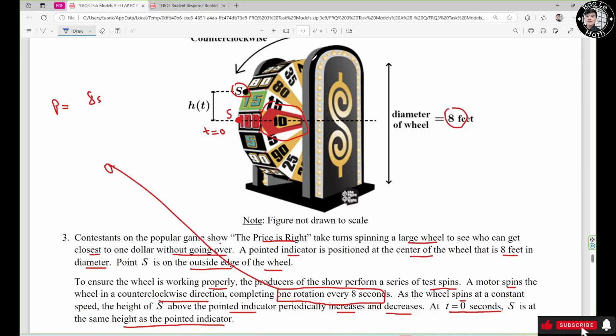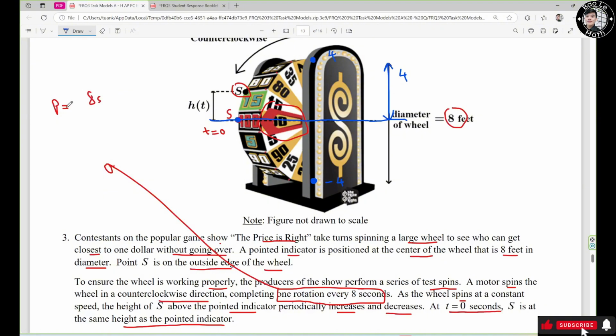This one is the highest point, above the indicator. You know that the diameter is 8, and the midline is right here, so the distance from here to here is going to be 4. So this should be positive 4.